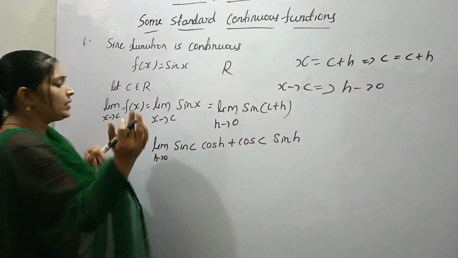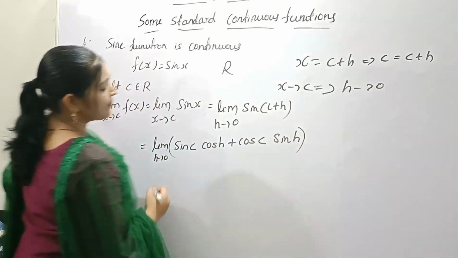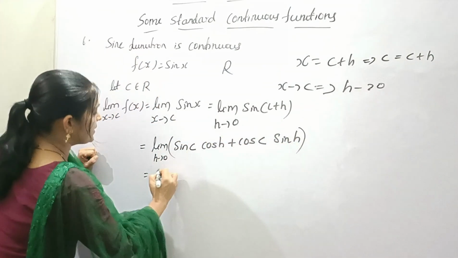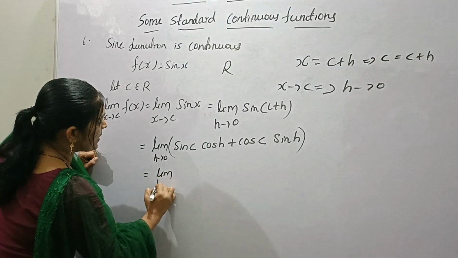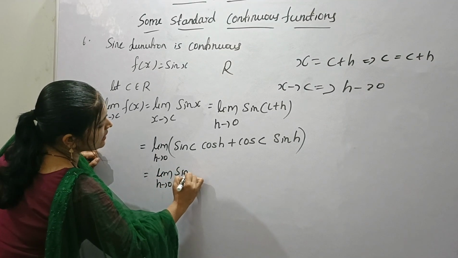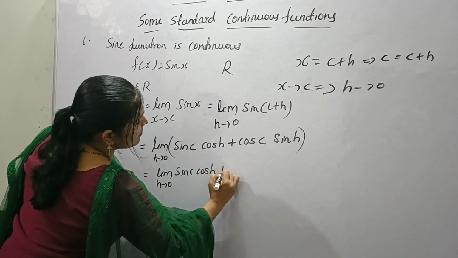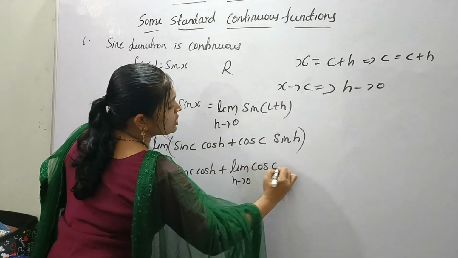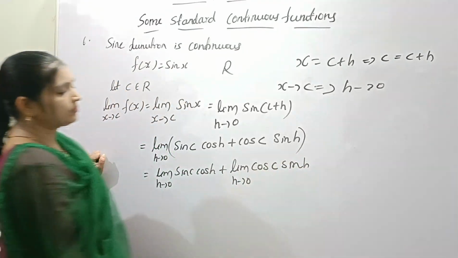So apply the limit for these two terms: limit h tends to 0 sin c cos h plus limit h tends to 0 cos c sin h.